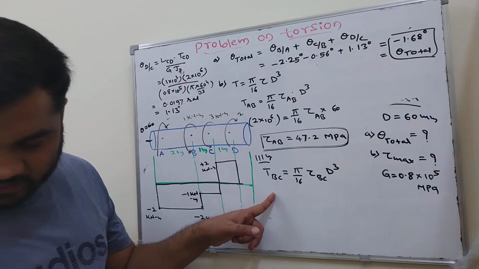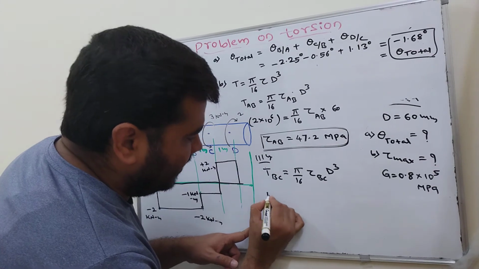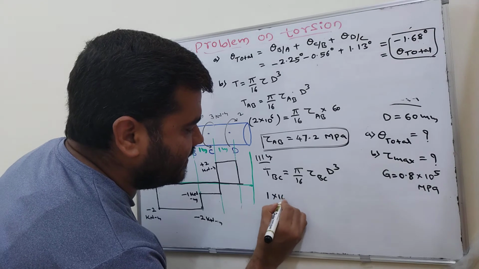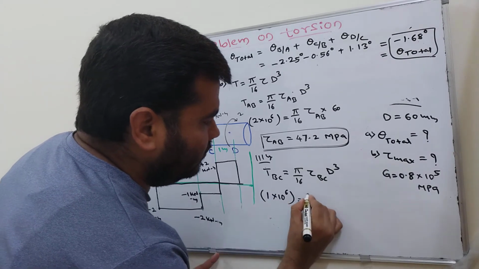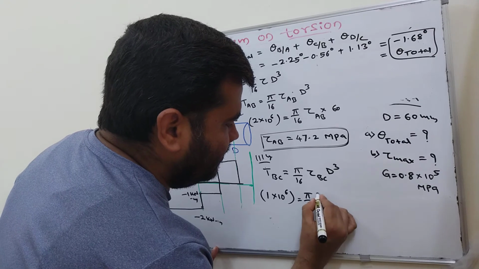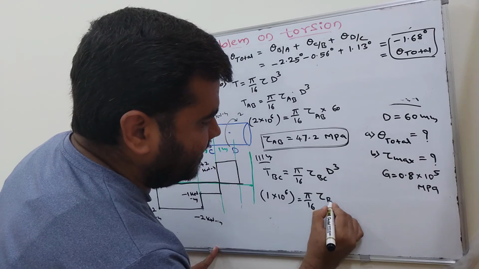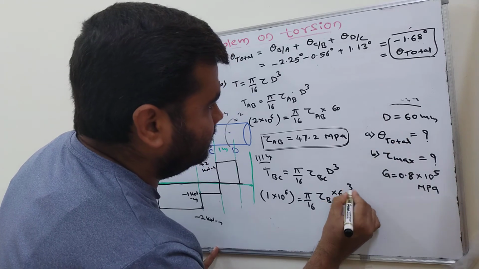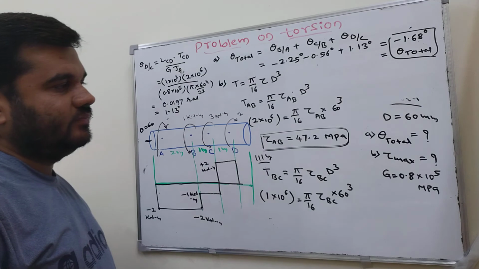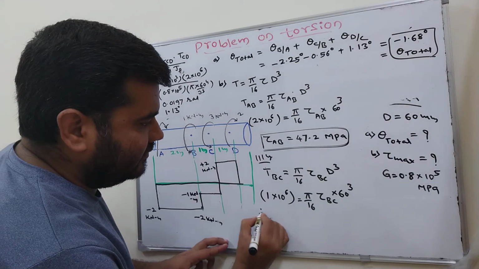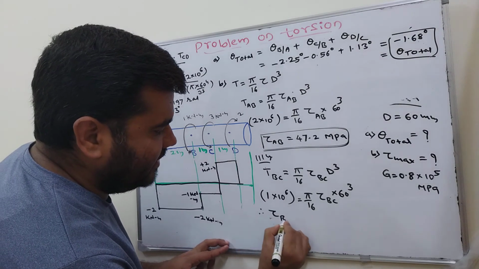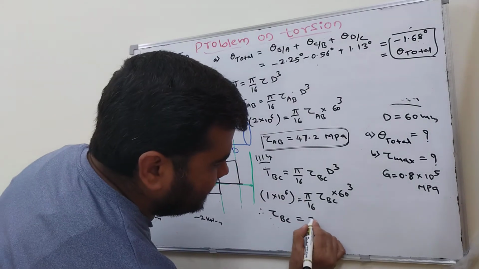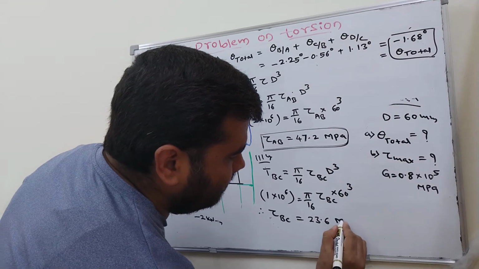At section BC, that is 1 kilonewton meter, convert that into Newton mm, into 10 raised to 6, equal to pi by 16 into, I want the shear stress at section BC, diameter given as 60, into 60 cube. Sorry, here also 60 cube. Therefore simplify and calculate, at section BC we will get 23.6 MPa.